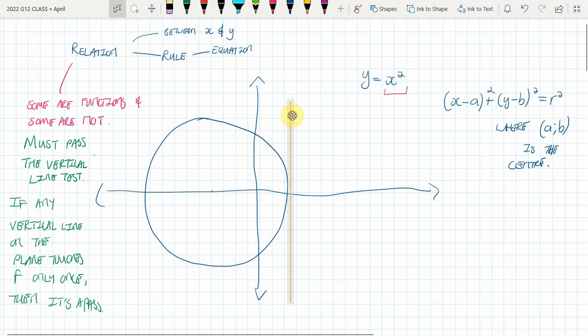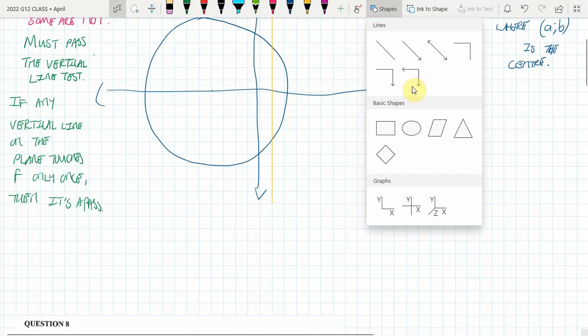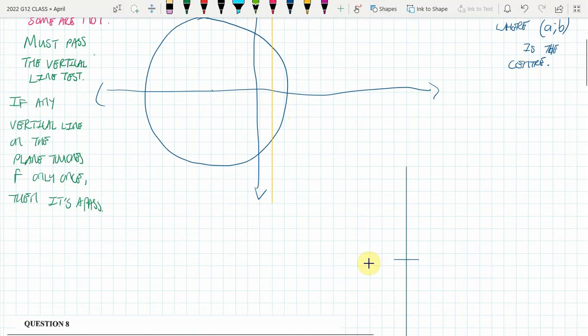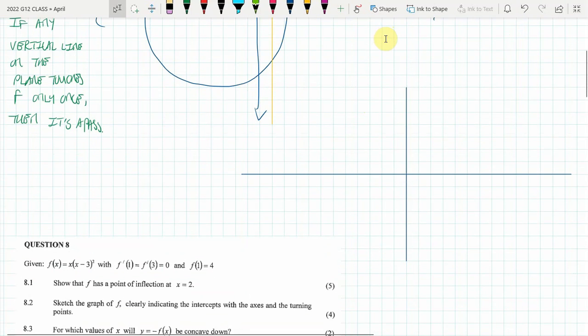Now let's look at the functions that we deal with and why they qualify as functions. Let's consider a parabola.